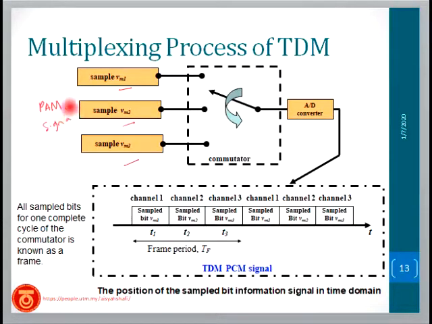This PAM signal will be sampled by the commutator, where the commutator combines all of these at different times, and the information will be converted into digital.